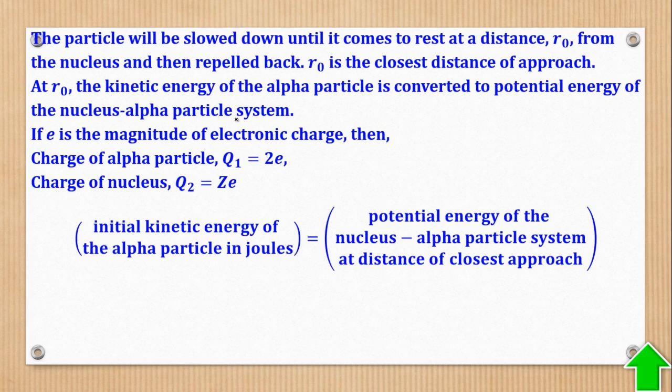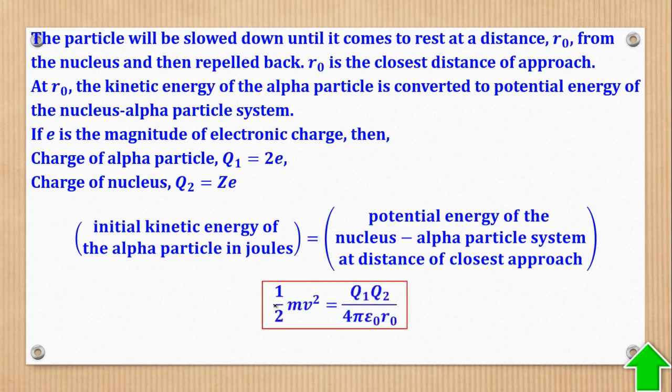So here we say that they are equal, so it is converted, meaning that at this point, initial kinetic energy of the alpha particle in joules is equal to potential energy of the nucleus alpha particle system at the distance of closest approach. Therefore, if we substitute, kinetic energy is given by 1/2 mv squared, that we already know.